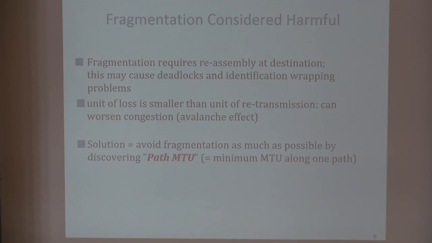Fragmentation, like redistribution, is usually considered harmful, so we try to avoid it. Why is that? Well, first, the reassembly at destination is not a nice thing. We've said you use a timeout. Now, if you frequently drop pieces of a datagram, that means that the operating system at the destination is bugged with lots of datagrams that are trying to be constructed but will not be delivered. That's a recipe for congestion collapse, if you remember.